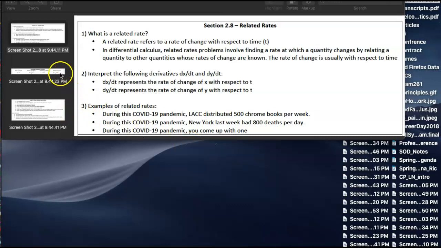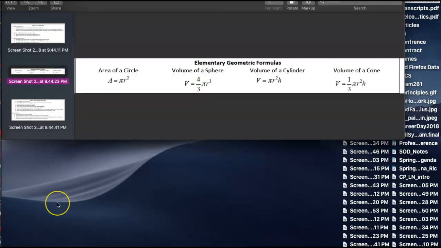Now, when we're using our related rates, we may need to use one of our elementary geometric formulas: the area of a circle, the volume of a sphere, the volume of a cylinder, or the volume of a cone. And this is with respect to one variable. However, here you have two variables.